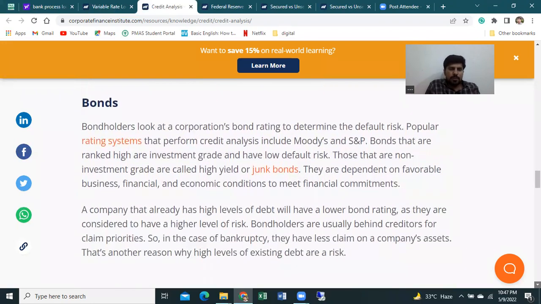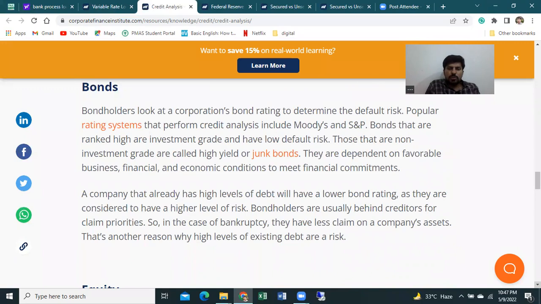Next, the bond. The bond rating is an overview of the corporation's default risk. Bonds ranked high, the investment grade, have low default risk. Those that are not investment grade are called high yield or junk bonds. They depend on favorable business, financial, and economic conditions to meet their financial commitments.